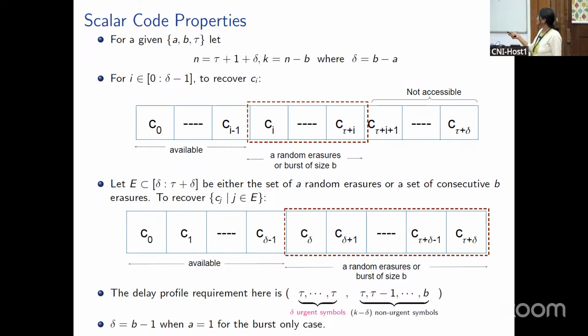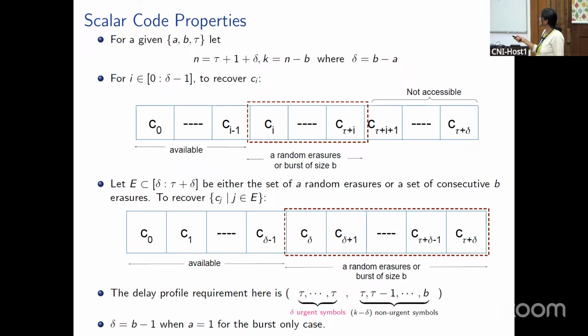Okay, and the code word here again, to recover a particular symbol ci, you can only access up until tau plus i. So the code, and these symbols you can assume that they are already recovered and available to use for the recovery of ci. These are the assumptions that you can have during the code symbol recovery.